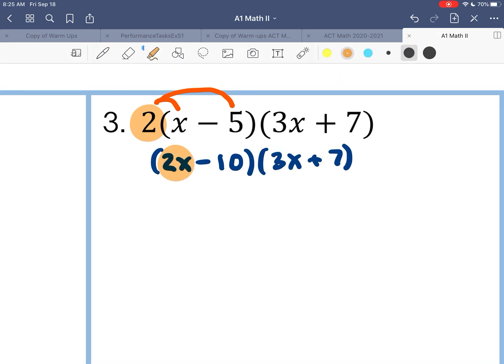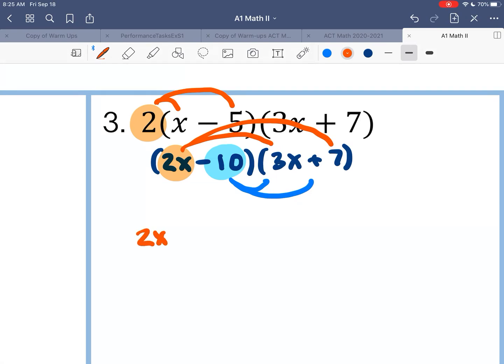Now we only have 2 things to distribute, which we are super used to. So I'm going to distribute the negative 10 and the 2x. We have 2x times 3x, then 2x times 7, then negative 10 times 3x, then negative 10 times 7.